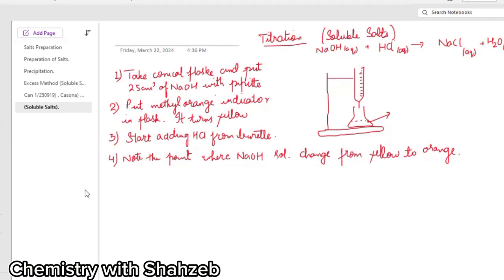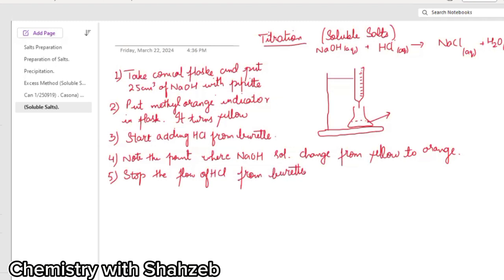At that point, stop the flow of HCl from the burette.